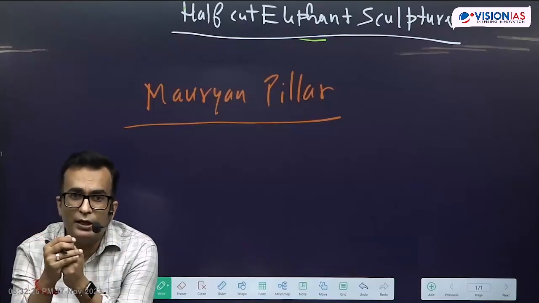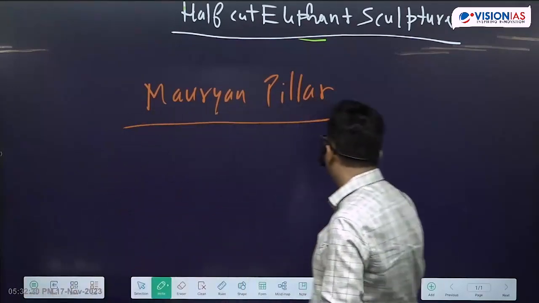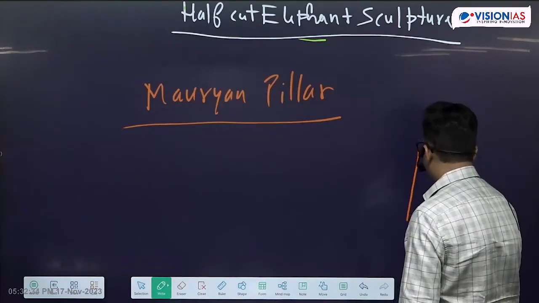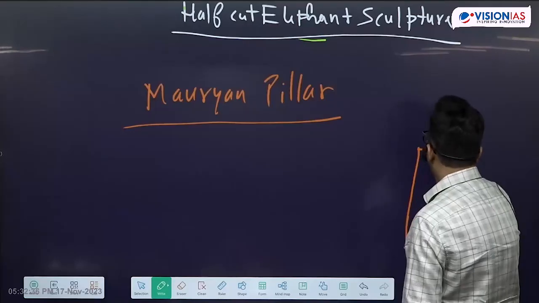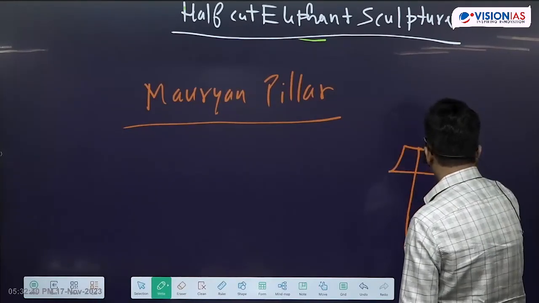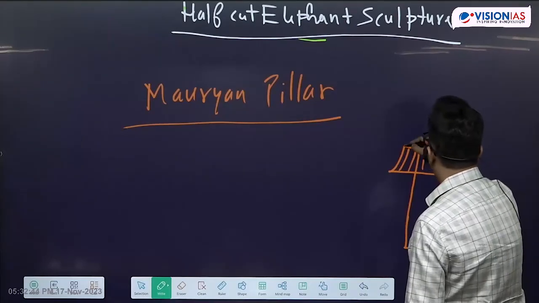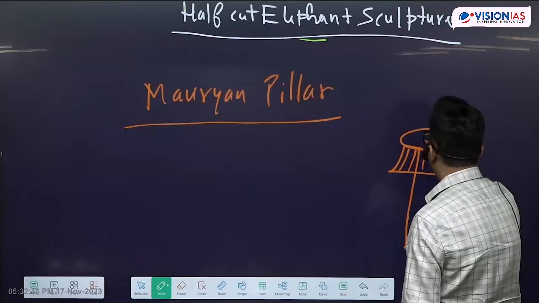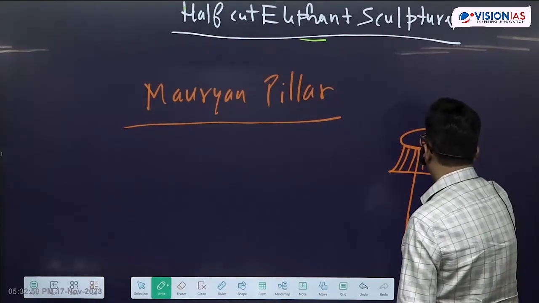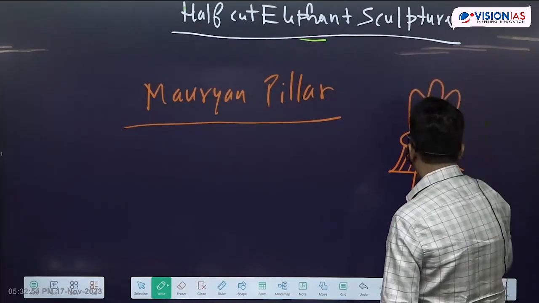Then another thing, when we look at the different parts of the Mauryan pillar, I'll create one such symbolic diagram. It may not be good, but just for understanding. So generally what happens in the Mauryan pillars is there is what is called a bell capital, and on the top of it, there might be an abacus in many such shapes, and then on the top of it is an animal, the crowning animal.